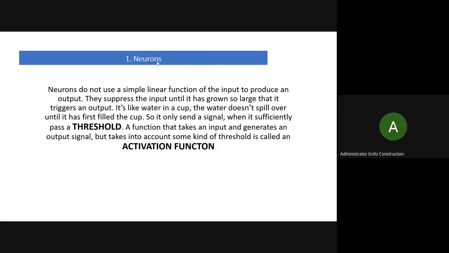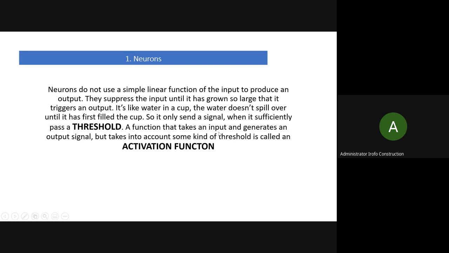What they do is suppress the input until it has grown so large that it triggers an output. It's like water in a cup: the water doesn't spill over until it has first filled the cup. So it's only sending a signal when it's sufficiently past the threshold.